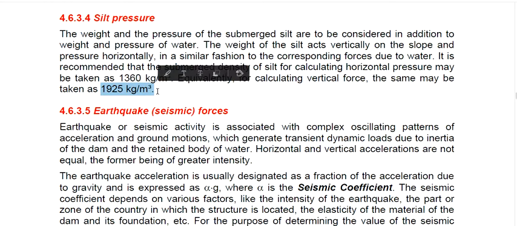So here we have to remember two values of submerged density of silt: 1360 kg per meter cube in the calculation of horizontal pressure, and 1925 kg per meter cube in the calculation of vertical forces. This has to be remembered while calculating the silt pressure value in the horizontal direction as well as in the vertical direction during the designing of concrete gravity dam.